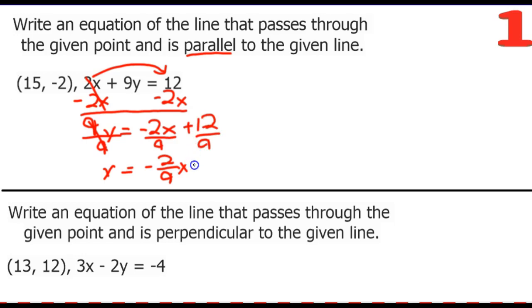Well, we can't do that, but we can simplify it to a positive 4/3. So if we were to write a parallel equation, our parallel slope has got to be a negative 2/9 as well.